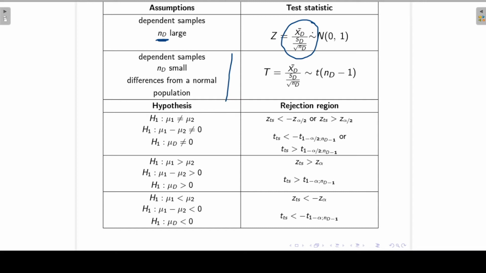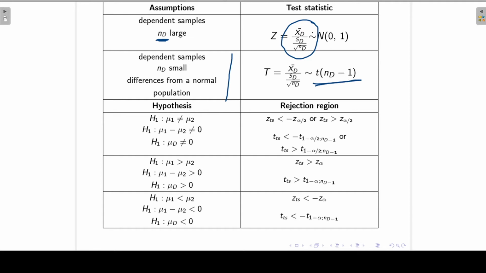And if you look at the second row here, if we are working with a small number of differences or a small number of pairs, then we have to assume that the differences come from a normal distribution. And then the formula for my test statistic looks exactly the same as the previous one, but now the distribution is the t-distribution.